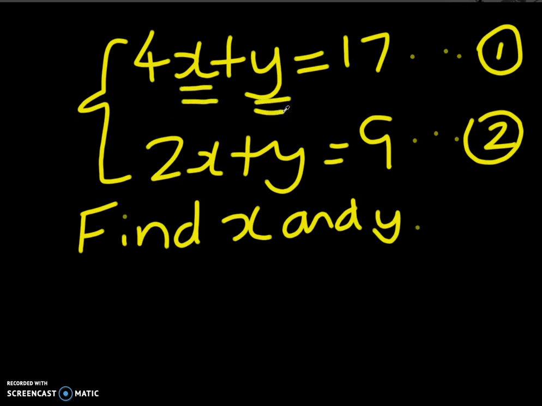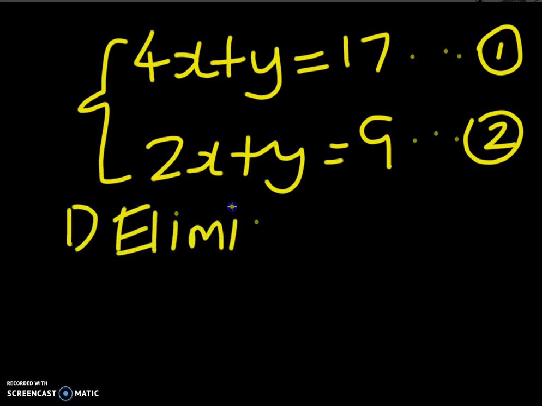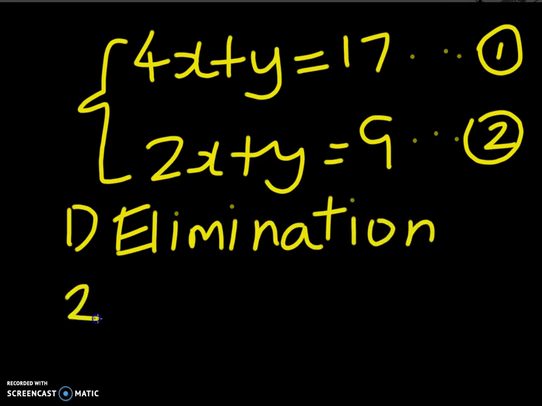To solve a simultaneous equation, there are two ways. One is reduction, subtraction, elimination, just taking away. So one method is the elimination method, and the other method is the substitution method.